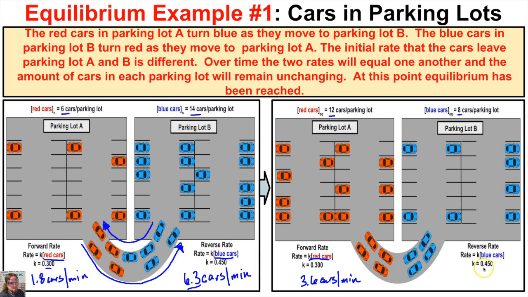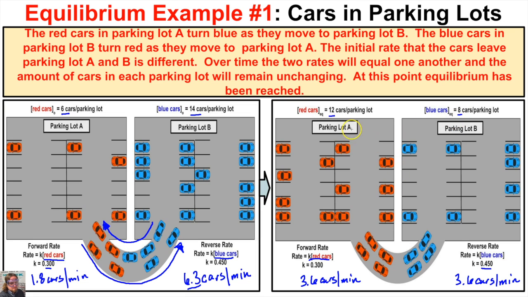And if we take a look over here, if we take our concentration times K, we will also end up with 3.6 cars per minute. So because the rate at which cars are leaving parking lot B and entering A, and cars are leaving parking lot A and entering parking lot B are equal to one another, equilibrium has been reached, and the concentration of cars in parking lot A and the concentration of cars that are in parking lot B will remain unchanged.